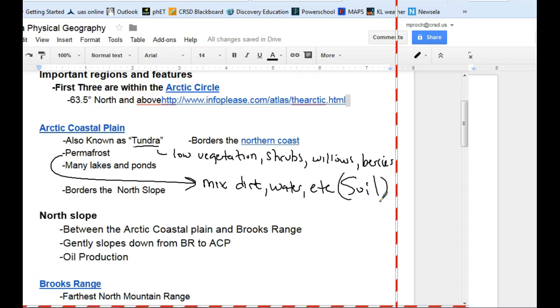So that means there's constantly this block of ice that exists just below the surface of the earth there, if you live there.